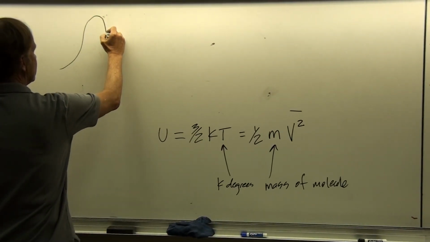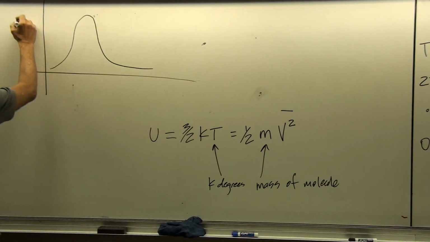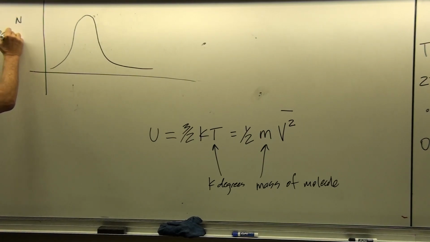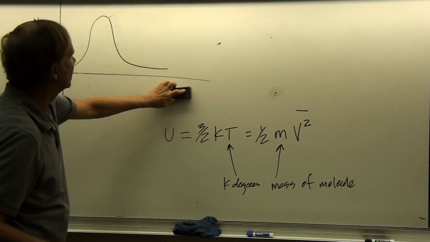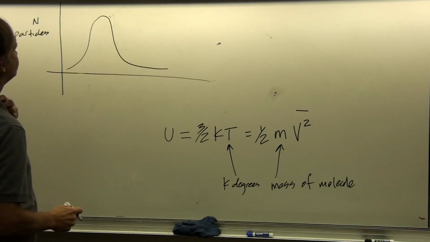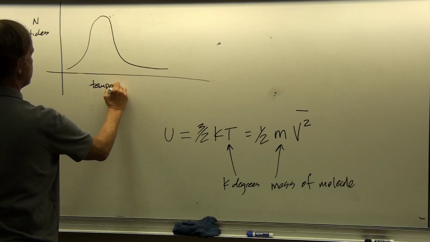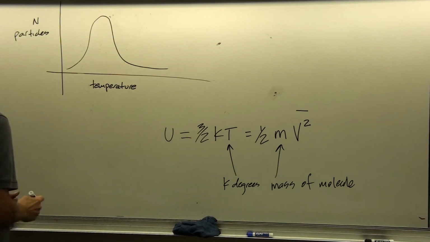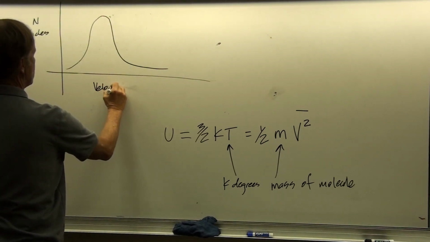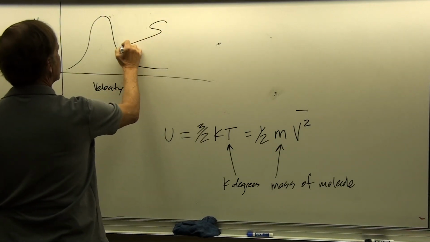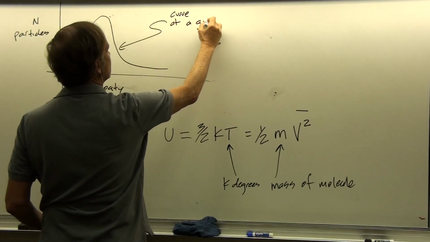If we plot the number of particles here versus the velocity, and this will be at a given temperature, this is the curve at a given temperature.